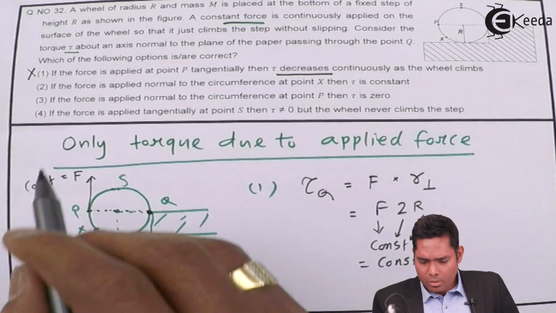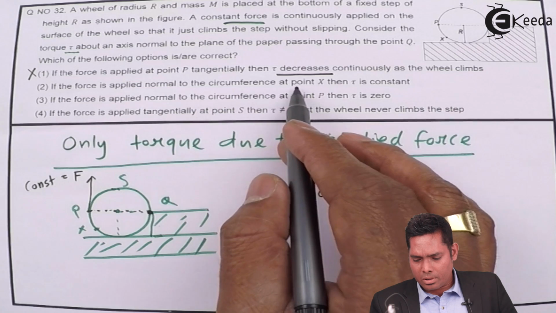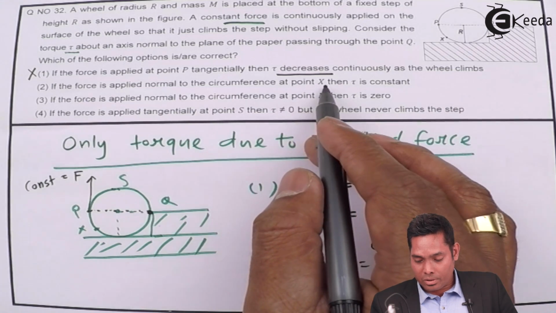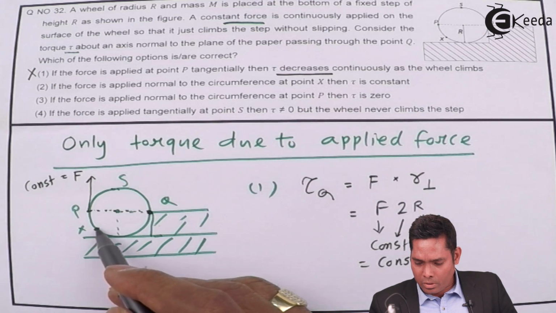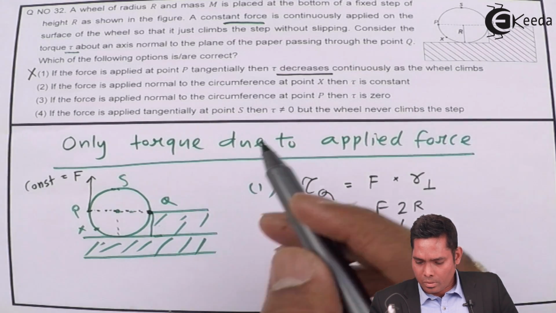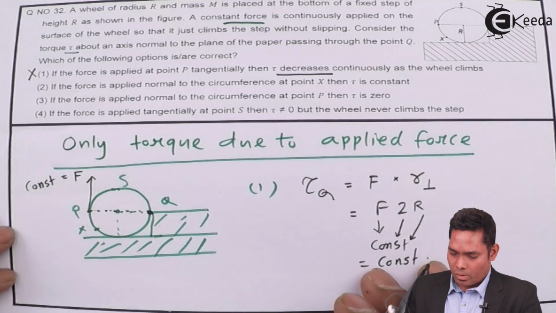Second option: if the force is applied normal to the circumference at point X, then the torque is constant. Let us solve that also.